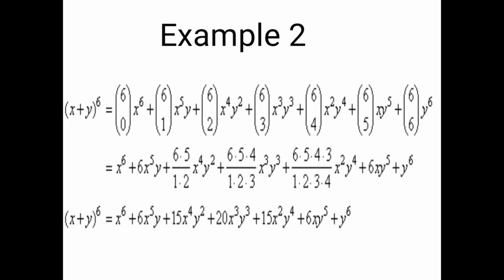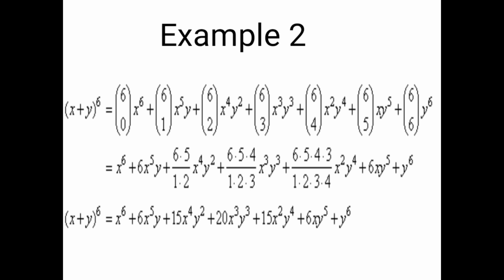Now simplifying, 6 combination 0 is 1, 6 combination 1 is 6, 6 combination 2 is given by 6 times 5 over 1 times 2. 6 combination 3 is given as 6 times 5 times 4 over 1 times 2 times 3. 6 combination 4 is given by 6 times 5 times 4 times 3 over 1 times 2 times 3 times 4. 6 combination 5 is given by 6. 6 combination 6 is given by 1.